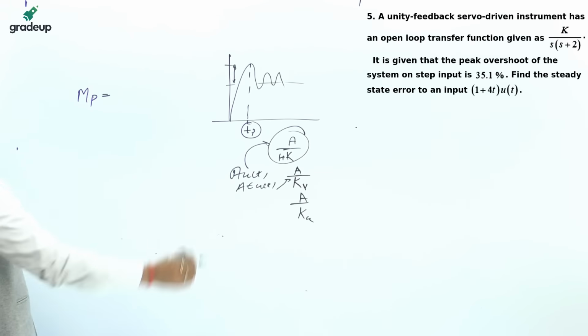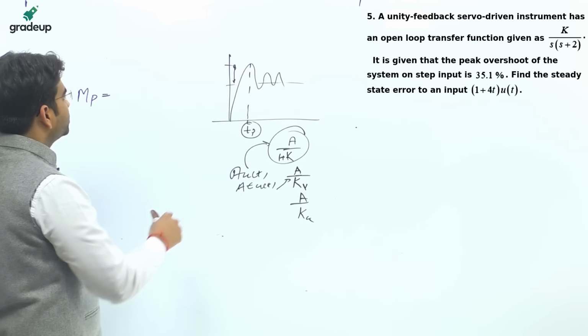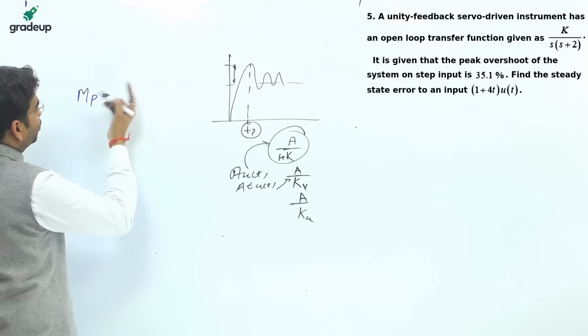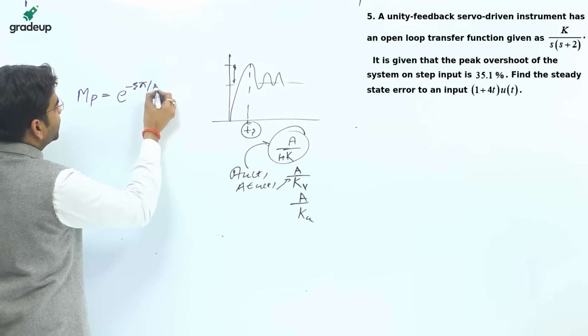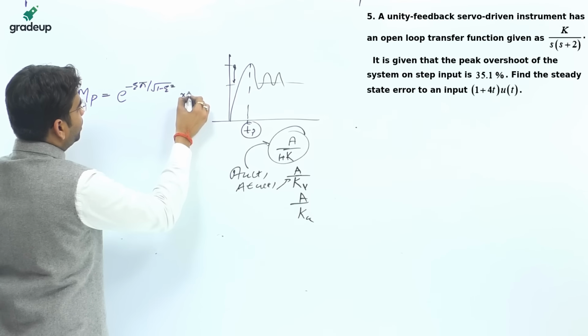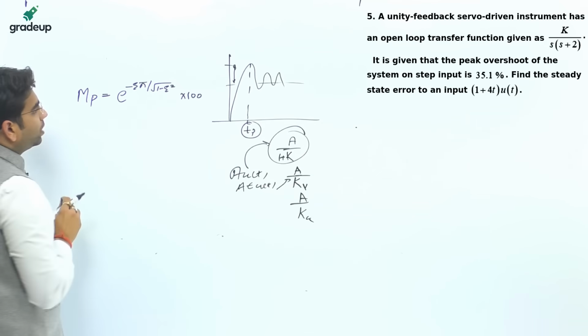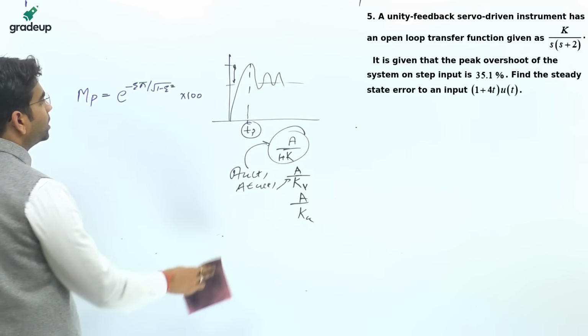See, in GATE exam you have to focus on formula more. Okay. Questions directly from the formula come in control system. MP is equal to peak overshoot value. Okay. E raised to the power minus zeta pi root 1 minus zeta square into 100. I hope that at this moment of time it is quite clear that where from this equation comes.